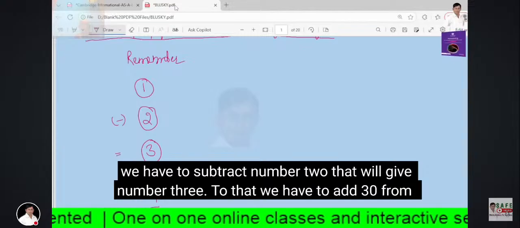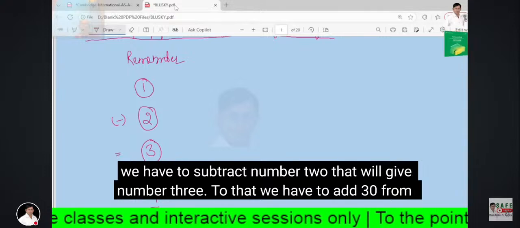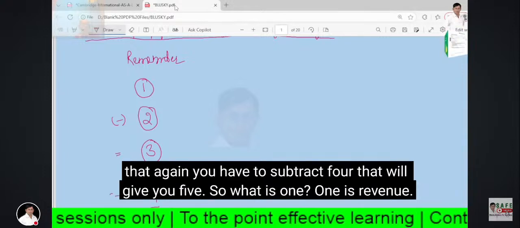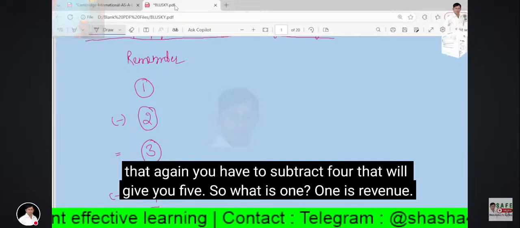To that we add number 4, and from that again subtract number 5, that will give the profit.